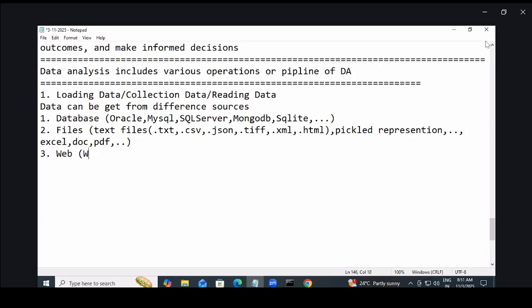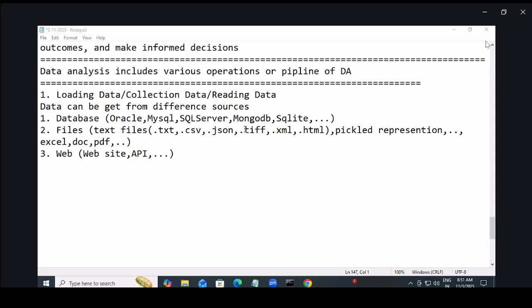That is nothing but public data which is published on the web. That data can be read by using web scraping, or it can be collected by using some APIs from other applications, right? So there are different ways by which you can collect data.